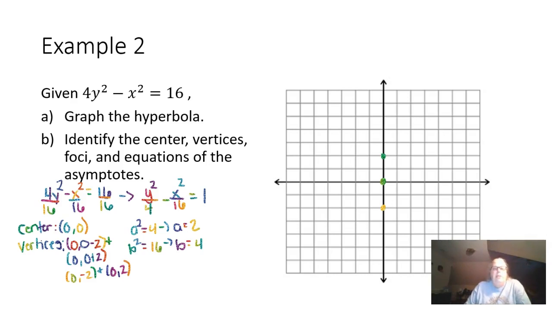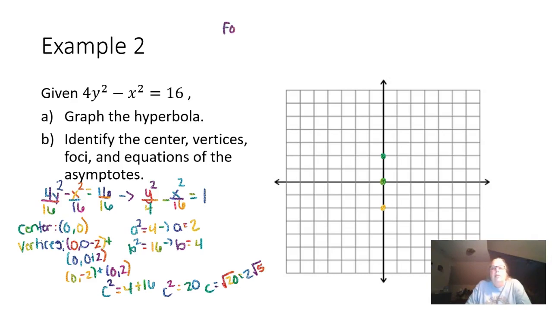Okay, the foci, remember, c squared is equal to a squared plus b squared. That means c squared is going to be equal to 20, and c is going to be equal to the square root of 20, but this is 2 times the square root of 5.